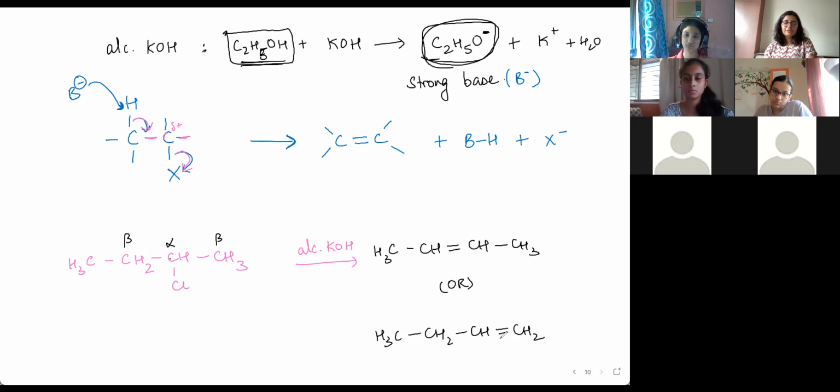So of the two, which one will be the major product? Which will be preferred, or will it be 50-50? First one. First one. Okay, why? More substituted. More substituted. Okay, so how do you decide which product is given by Saytzeff rule?